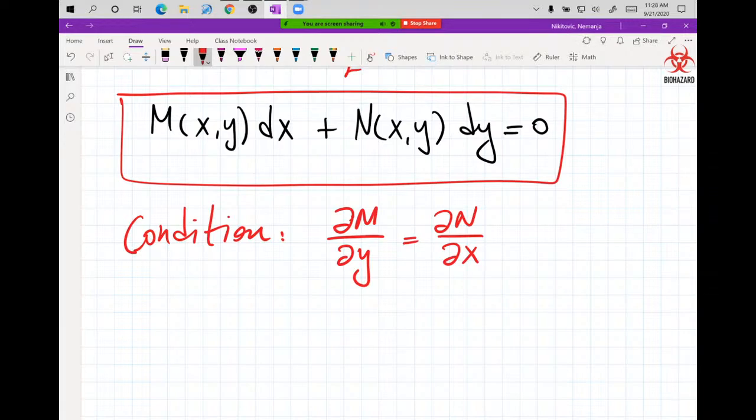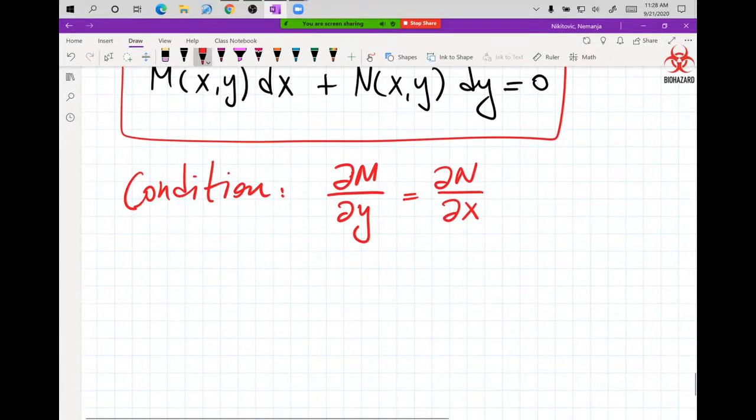This is what we have for the condition. Now, if your condition doesn't hold, that means that the equation that you're observing is not exact and you cannot use this method. So please make a note of that.